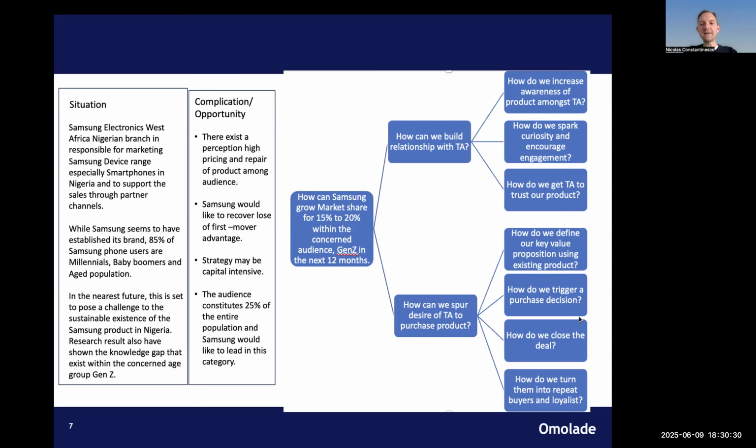One of them is making sure they have the right kind of access to Samsung products and the opportunity to actually experience them.